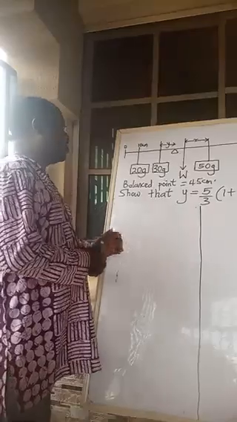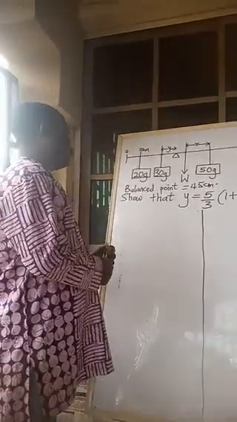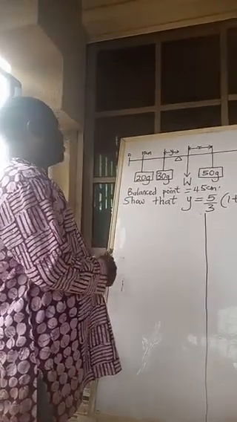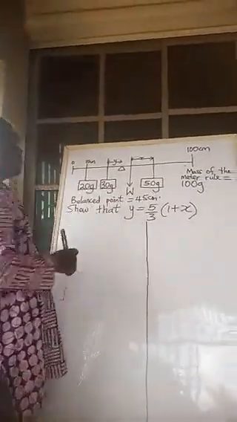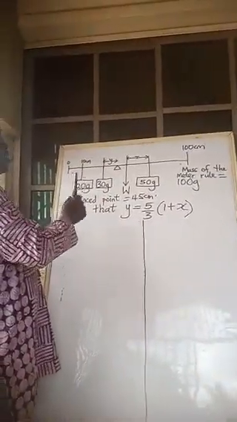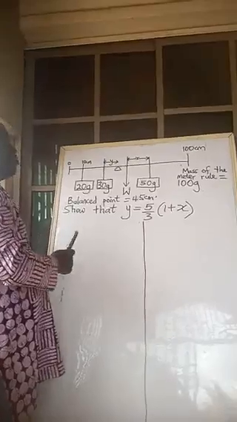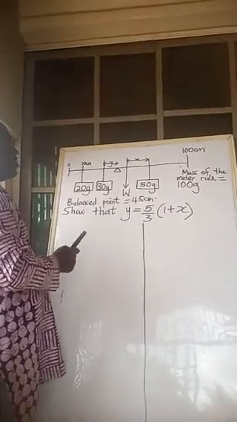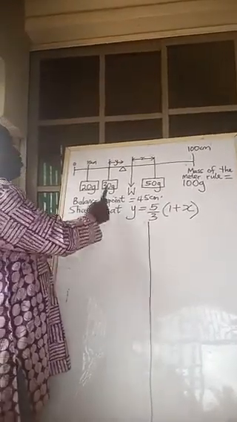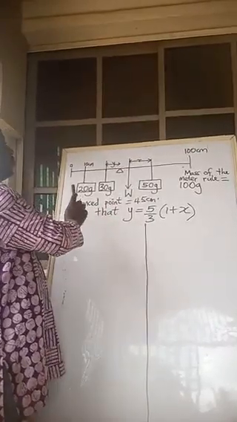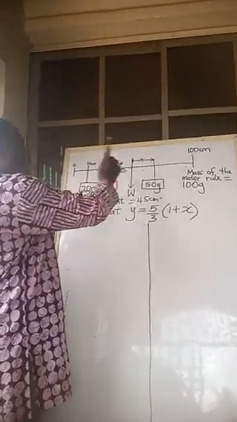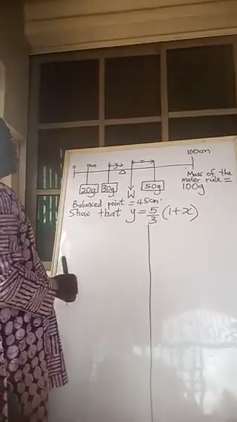So, having those points in mind, the mass of this meter rule here is 100 grams. And this meter rule is a uniform meter rule. What does it mean? It means the weight of this meter rule acts exactly at the center. Now, the center of 100 centimeters is 50 centimeters.